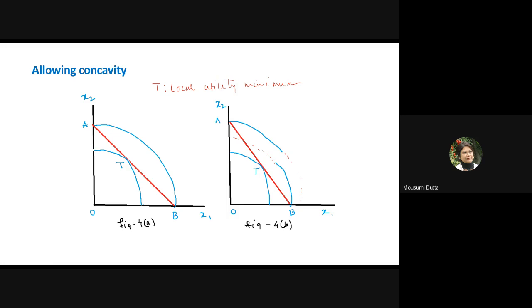All concave lines are indifference curves, and the red linear line is the budget line. AB is the budget line, whereas all blue curves are nothing but indifference curves.